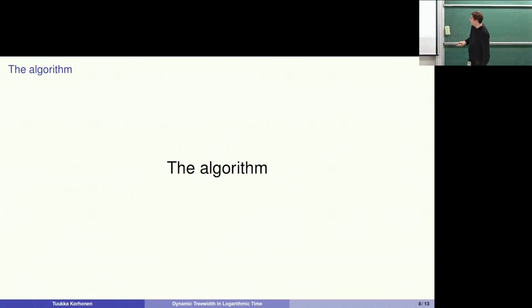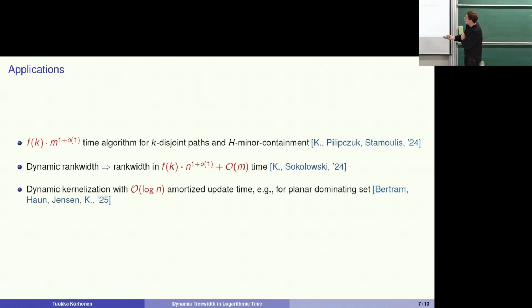Okay, next I'll go to the actual algorithm. Any more questions at this point? So does this paper also contain dynamic rank width as well, or is that a separate paper? Treewidth in logarithmic time doesn't contain dynamic rank width. We have a slightly slower rank width dynamic data structure, and it's not yet written up whether we can also do that in logarithmic time, but it should be possible.